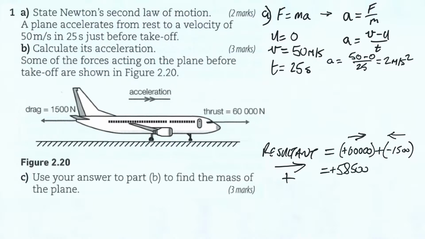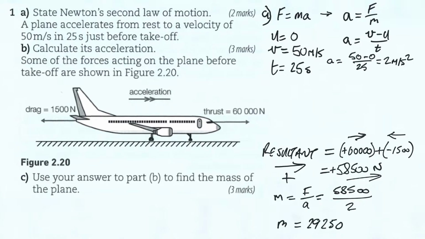And what I get is 58,500, and it's positive, which means it points that way, which is good because that's where we want the plane to go. So if F equals ma, then m equals F over a, and that's going to be a resultant force divided by the acceleration we found in the first part, which is just 2. And that's going to be 29,250, and that's going to be in kilograms.